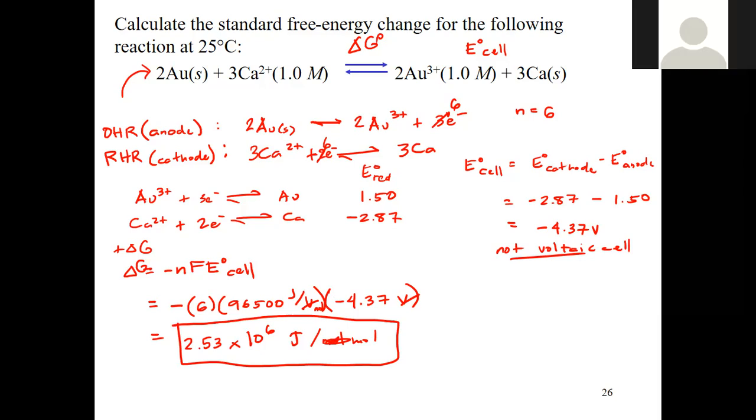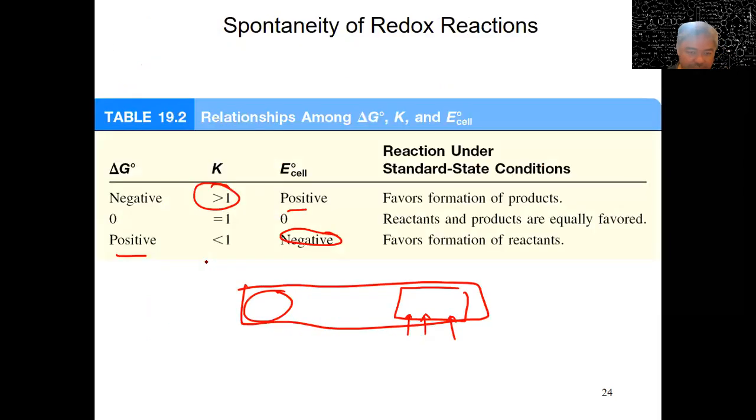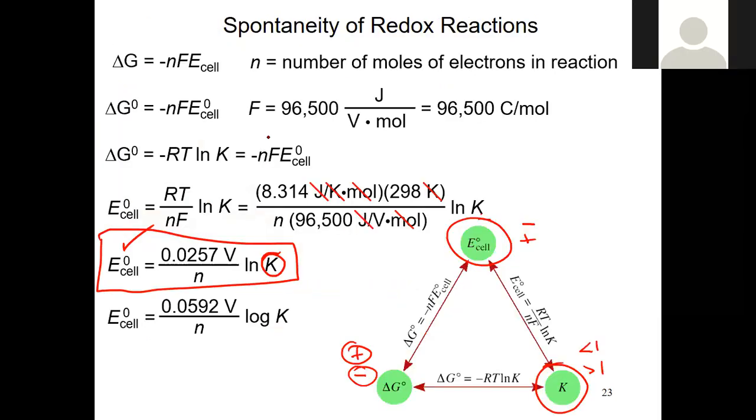Saan po nakuha yung 96,500? Yun yung Faraday constant, yung F. Sir, may table yan, sir. I'm not sure kung may table yan, but it's a constant. Ito yung value.